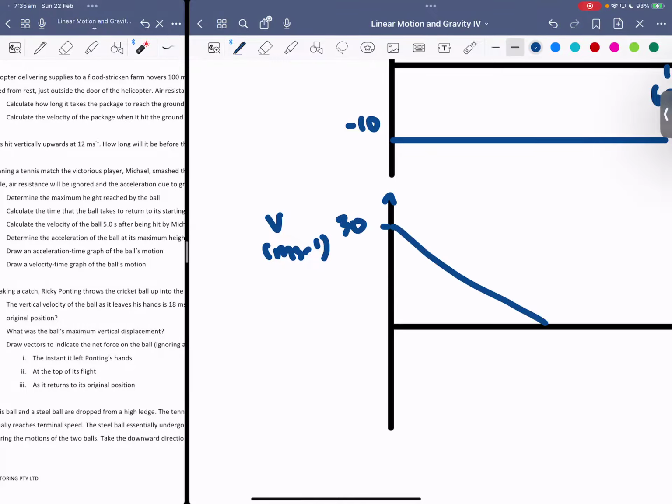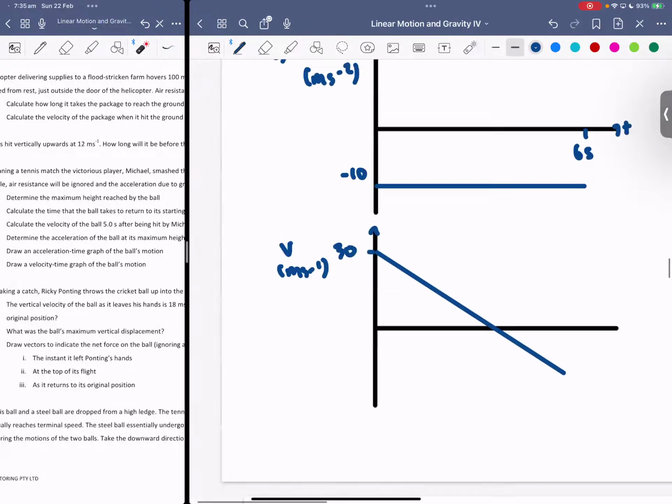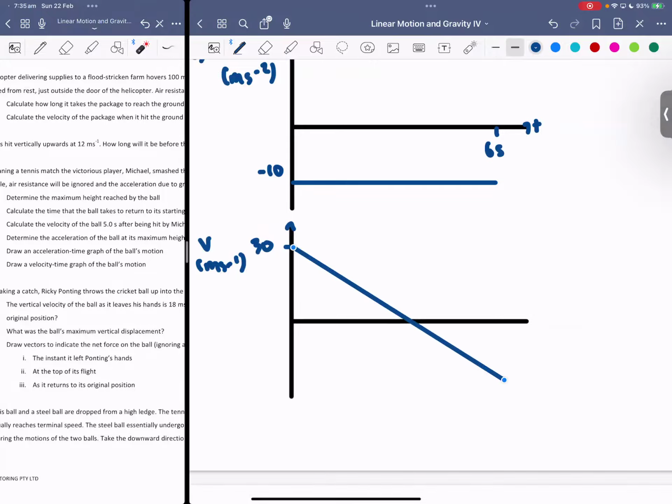Then it got higher and higher, meaning it got slower and slower. At the 3 second mark, it actually stopped for a split second. And at the 6 second mark, it had reached a velocity of negative 30.